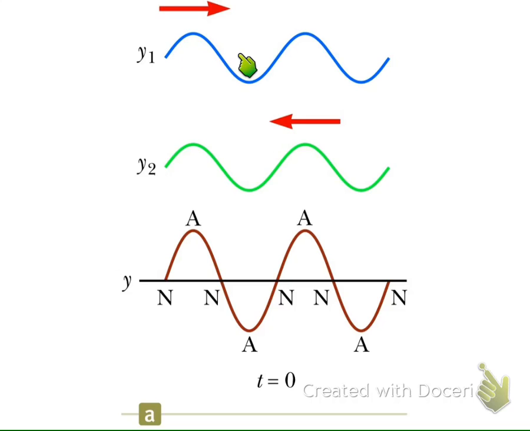The first wave, the blue wave, moves to the right, and the green wave moves to the left. At the instant that these two waves are in phase, which here means that if the first wave oscillates upward like this, the second wave oscillates upward too, this will give us perfect constructive interference.